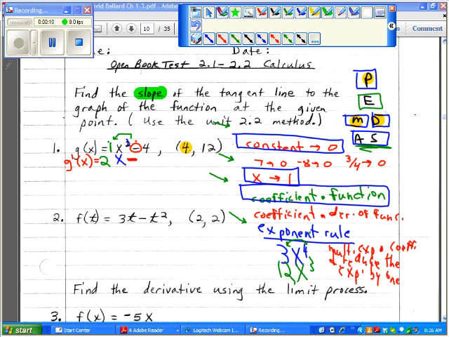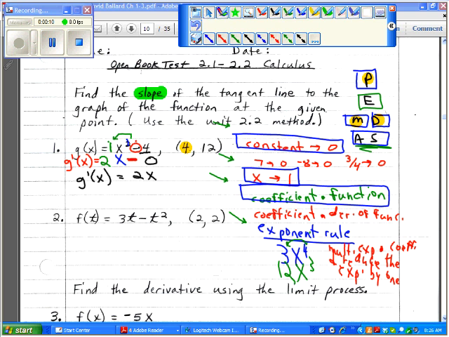And over here, the derivative of a constant is 0. So g prime of x is equal to 2x. That is the equation for the slope of the tangent line at any given point.